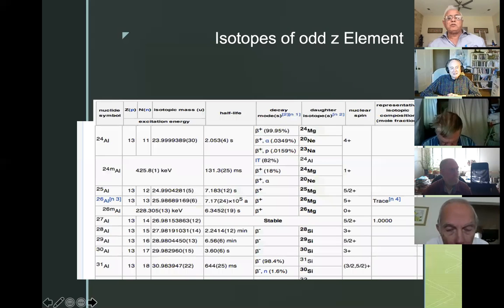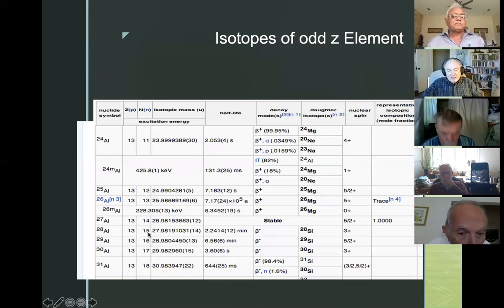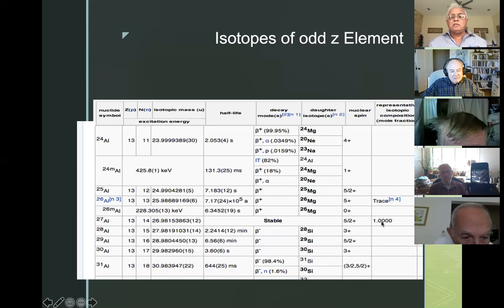As you go further, here I have one more, aluminum, which is 27. It's a 13Z, and you can see that it has only one isotope which is stable.